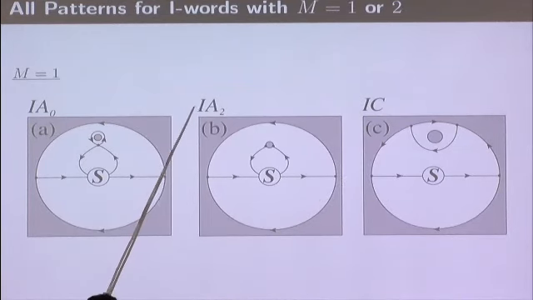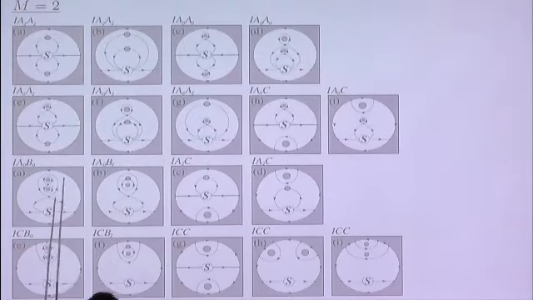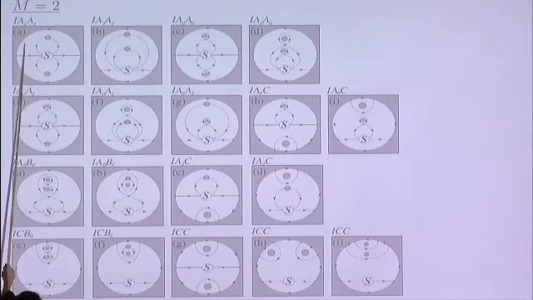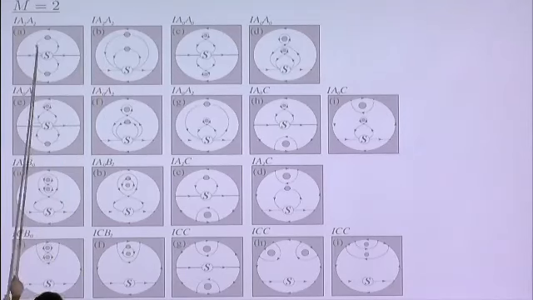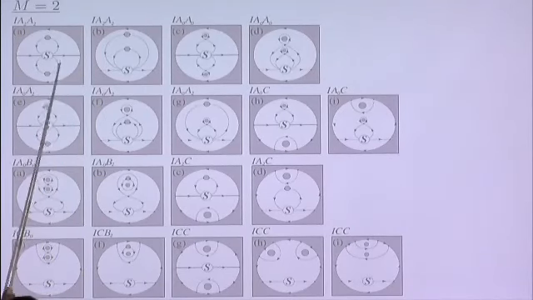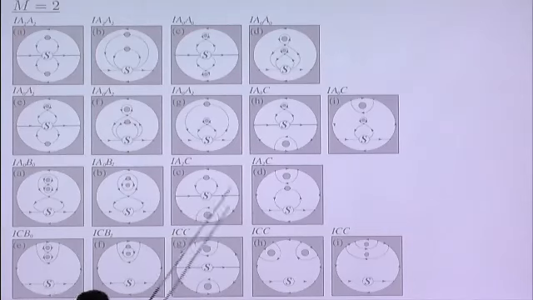Afterwards we consider the 2 words, but the one-word series has just 3 patterns. And the genus 2 case is just this pattern, and these are the same words, but they have really different shapes.